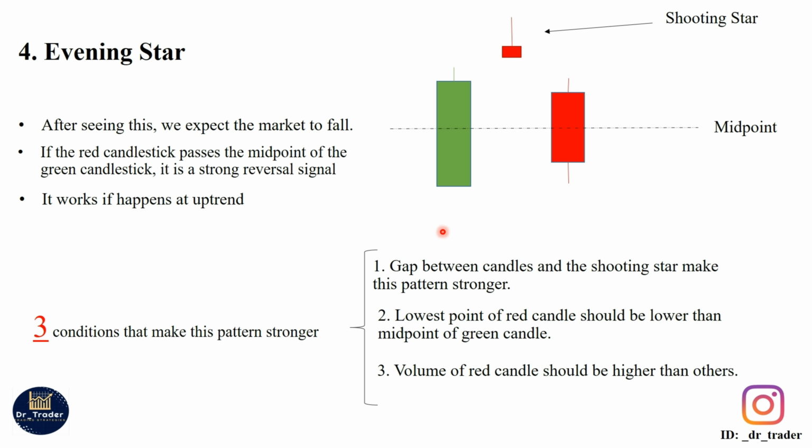Also, the lowest point of this red candle should be lower than the midpoint of the green candle. And there is another condition, the volume condition, which tells us that the volume of trading in this red candlestick should be higher than in these two candles.